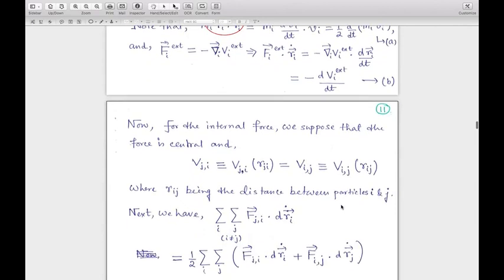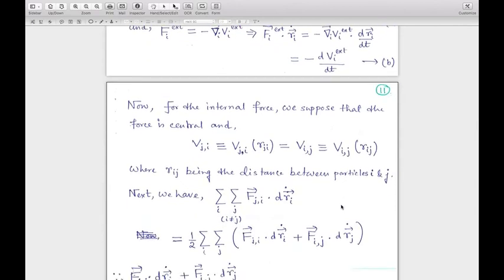For the internal force, again for the simplification of the analysis, we have to suppose that the force is central in nature, and this Vji is a function of Rij, that is only the relative distance between the ith and jth particle, and the same for Vij.